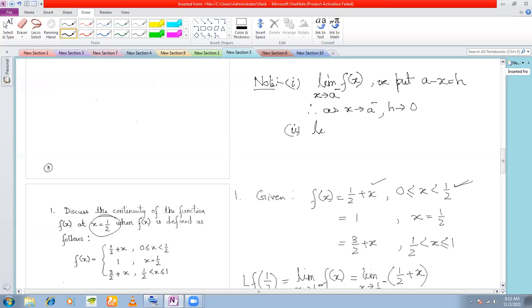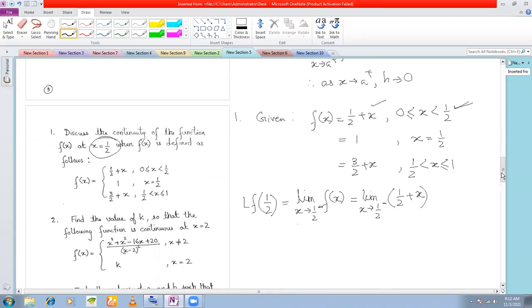Also, if you want to evaluate limit x tends to a plus, the right hand limit, we put x minus a equal to h. Therefore, as x tends to a plus, h tends to 0. This will make your work a little easier.